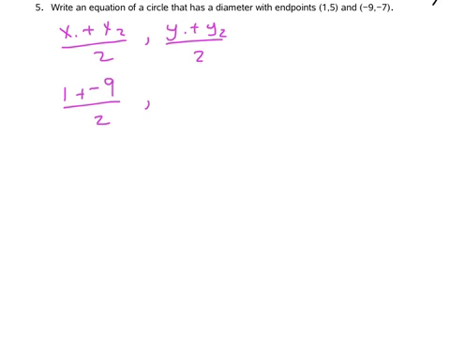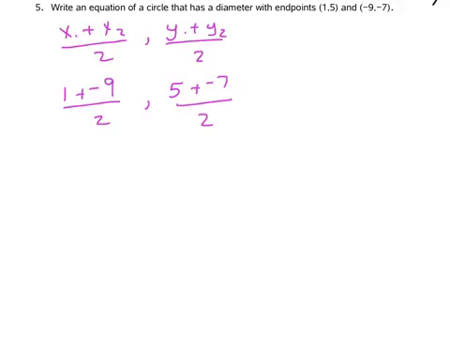So that'll be x1 plus x2 over 2, and then y1 plus y2 over 2 as my midpoint formula. So I'm going to plug in 1 plus negative 9 divided by 2, and 5 plus negative 7 divided by 2. Alright, so 1 plus negative 9 would be negative 8.